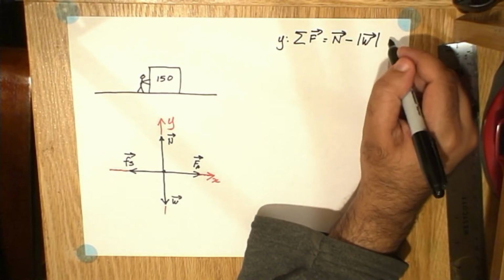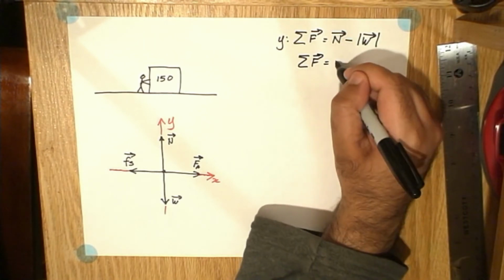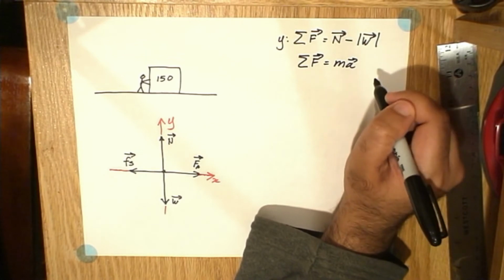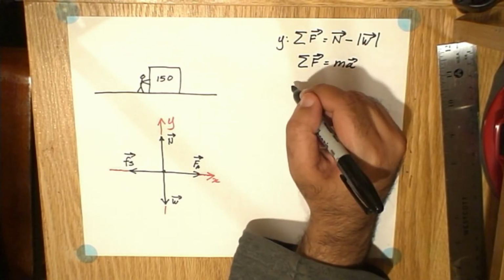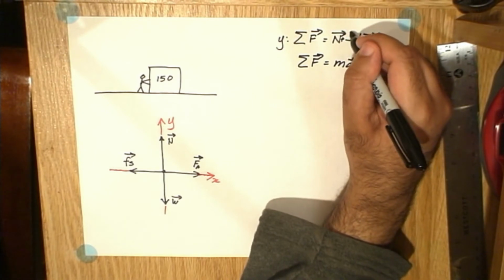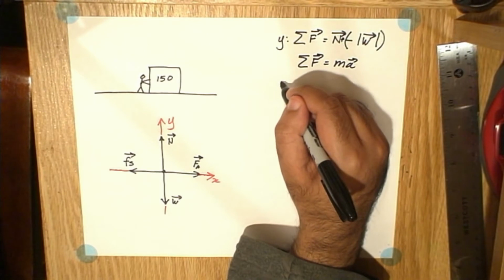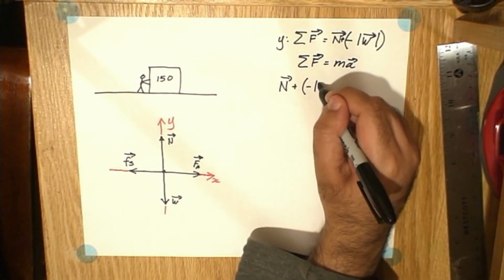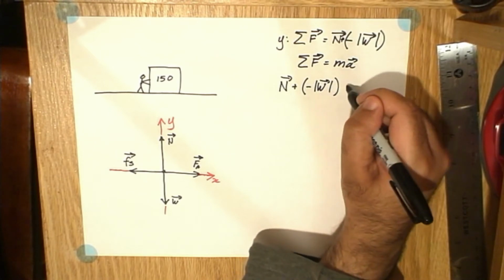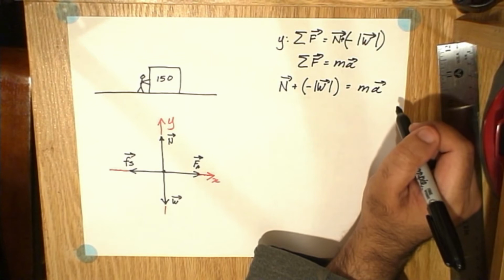And all of this is going to be equal to mass times acceleration in y. So we now have normal plus negative weight force is equal to mass times acceleration in y.